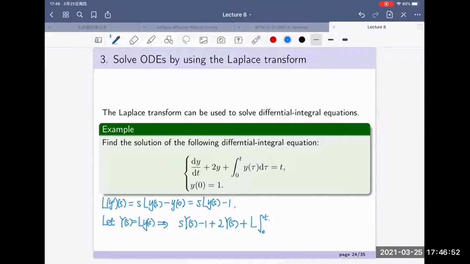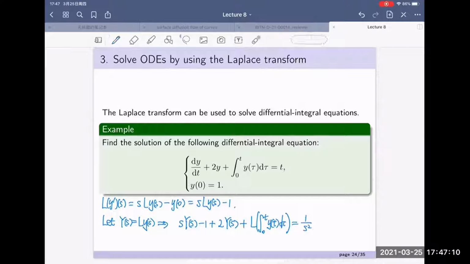So let's simply write down the integral here. So the Laplace transform of t would be 1 over s squared.